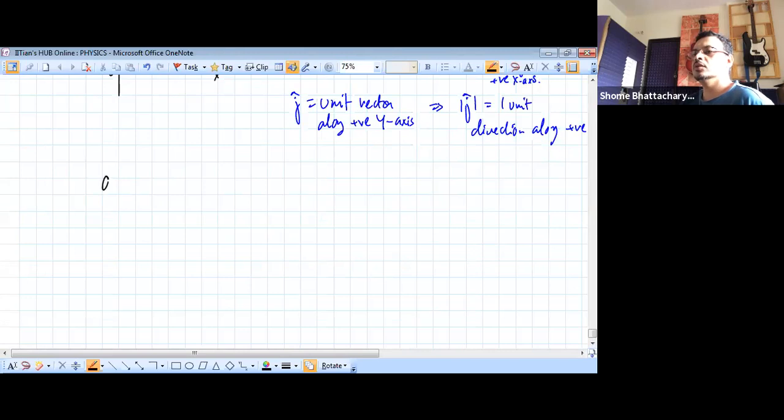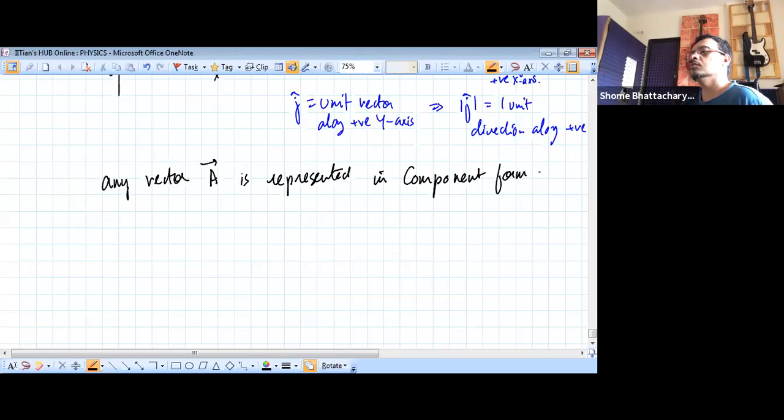Any vector, like let's say A, is represented in component form as an equation. जैसे ज्योमेट्री में क्या करते थे, ज्योमेट्रिकल फॉर्म में we represented by a vector arrow, by a drawing, but here we actually represent it by an equation which is given like this.